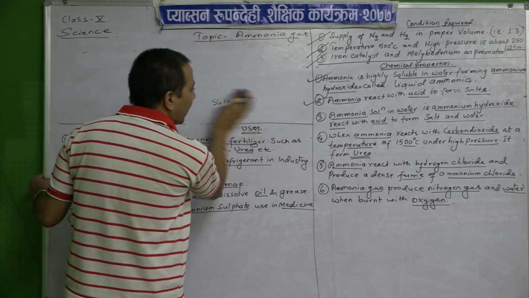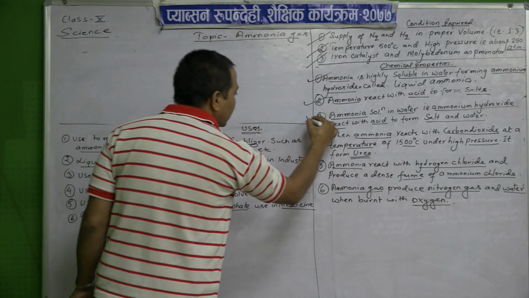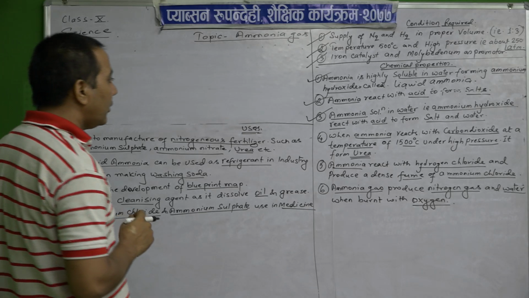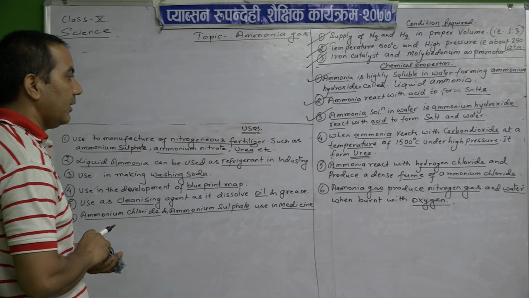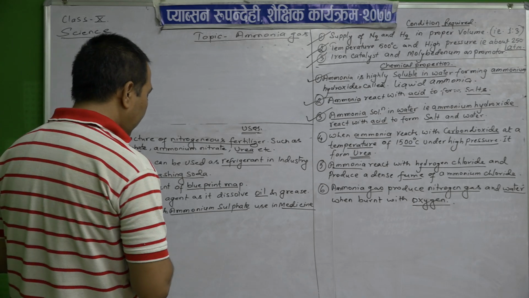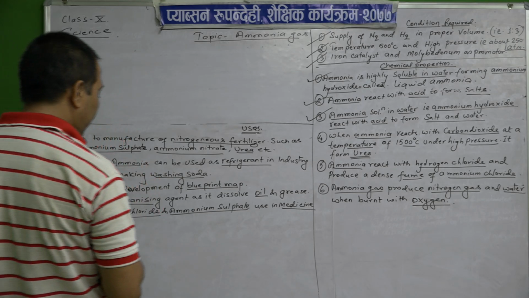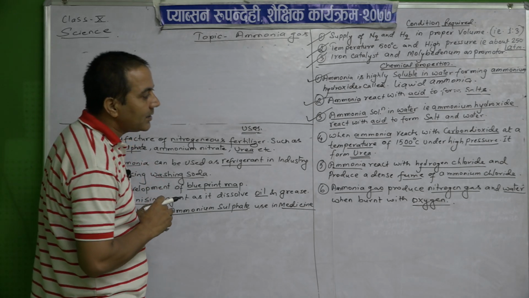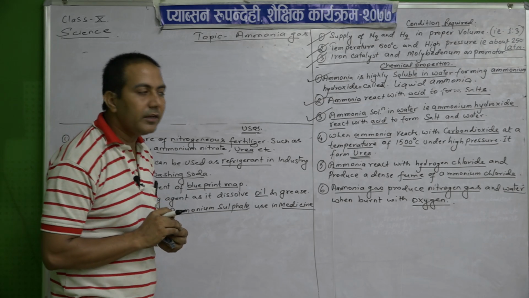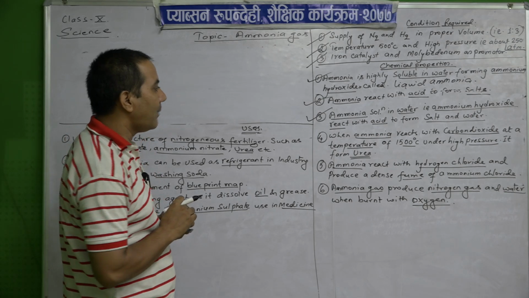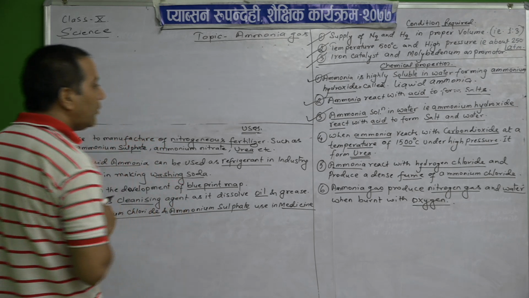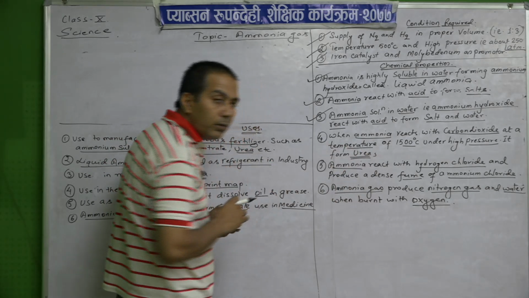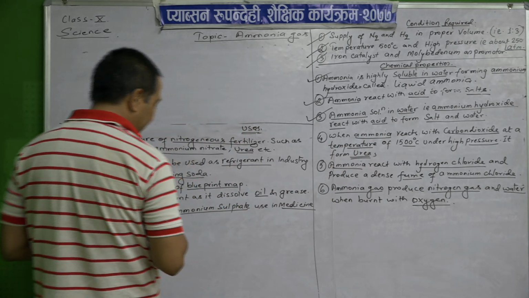Now comes the next one, the next chemical reaction, when ammonia reacts with carbon dioxide. Okay, when ammonia reacts with carbon dioxide under high pressure and 1500 degrees Celsius, that is the temperature, what will it form? It will form urea. What is urea? Urea is a chemical fertilizer.